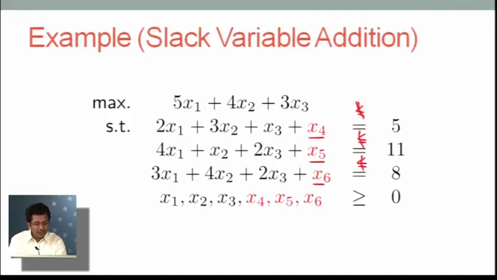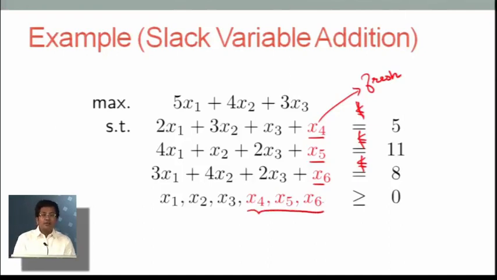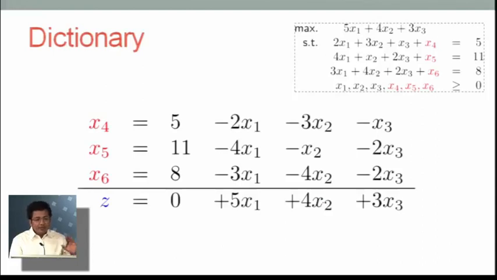So you change every less than or equal to into an equality through the addition of x4, x5, x6, and these are fresh, which means that they did not exist in the original problem and they are being added to the problem. And do not forget to add these inequalities: x4, x5, and x6 are greater than or equal to 0. It's very important to add these slack variables, and now your problem is transformed into something that we are ready to solve. If you are with me so far, then we rewrite this form. So this is from the previous slide.